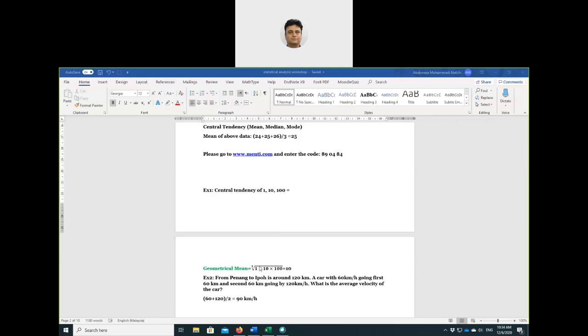Also, another way you may have learned in microbiology: you take the log, then use the arithmetic mean for the log of the data, and then convert back to the original. Here the log of 1 is 0, log 10 is 1, and log 100 is 2. We have 0, 1, and 2.